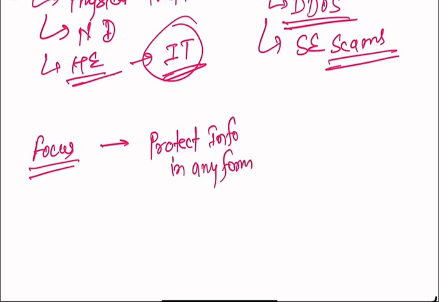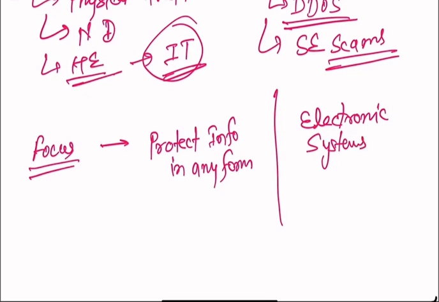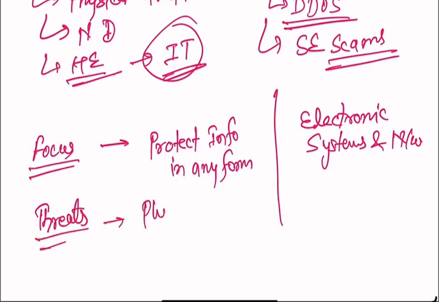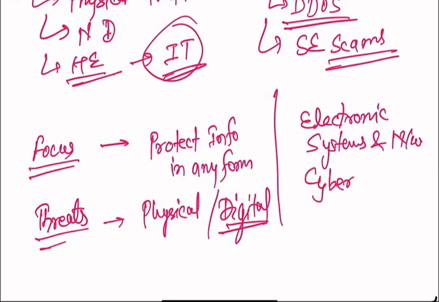When we are talking about the cyber security focus area, it protects information only in electronic systems and networks. If we talk about the threats we already saw, for information security they can be physical or digital, whatever it is. But for cyber security, it's cyber attacks, which we discussed, or data breaches.